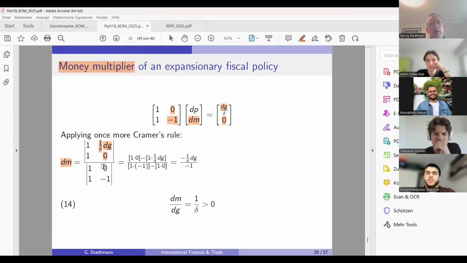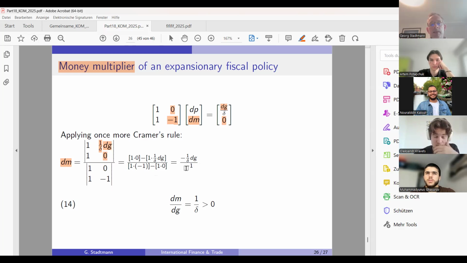Now once more the determinant: 1 times 0, and then minus 1 times 1 over delta dg. So we get a -1 over delta dg in the numerator, and in the denominator we get a -1 from the first part.